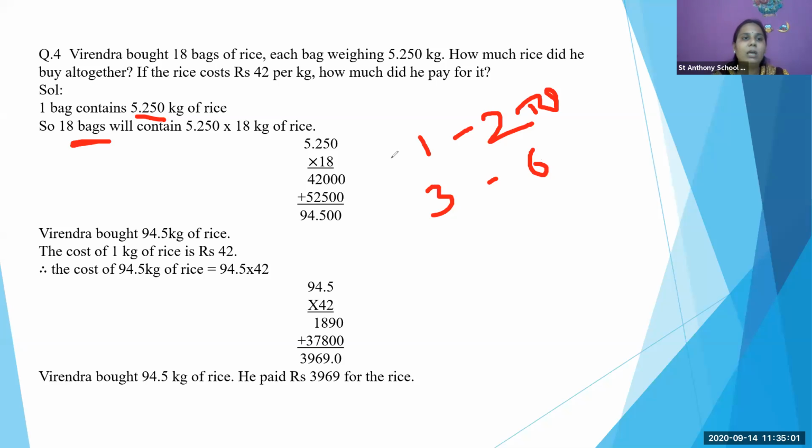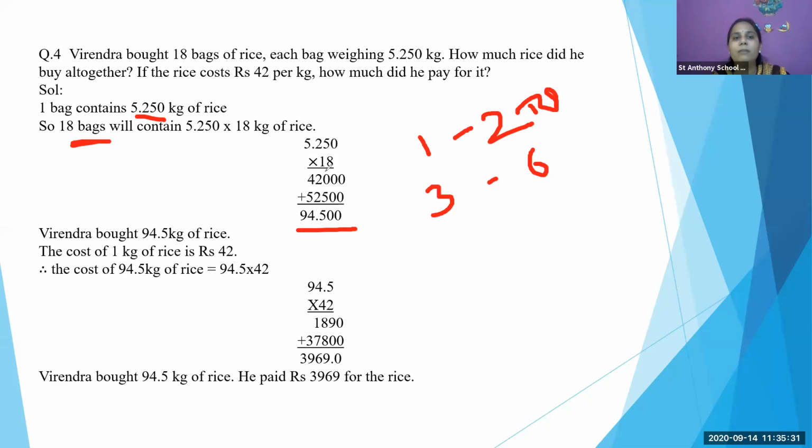Now, if one bag contains 5.250 kg of rice, how much will 18 bags contain? We write the weight of one bag and multiply it by 18. If you multiply 5.250 into 18, the answer is 94.500.